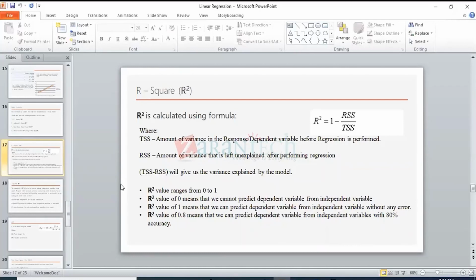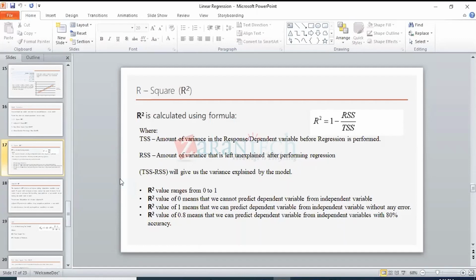Generally, what percentage should we keep for the accuracy, depending upon the data and the requirement from the business? It actually depends on the business, because in my case, the R square is around 0.6 or 0.7.